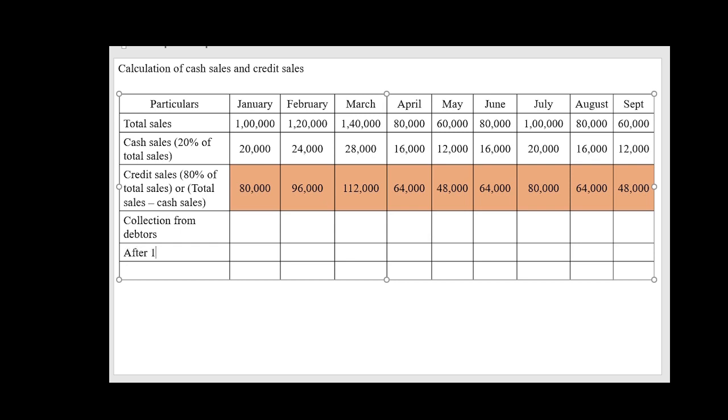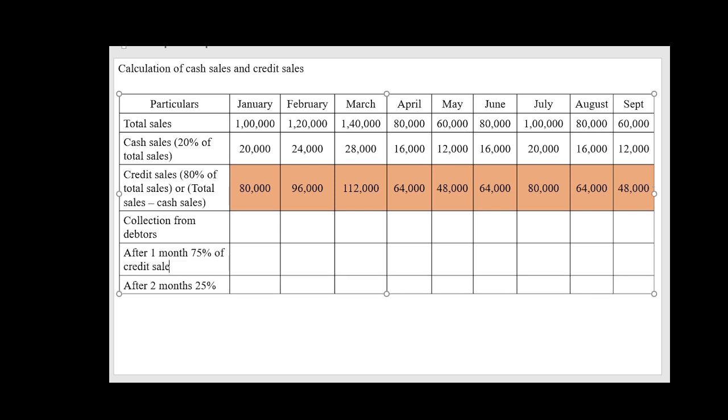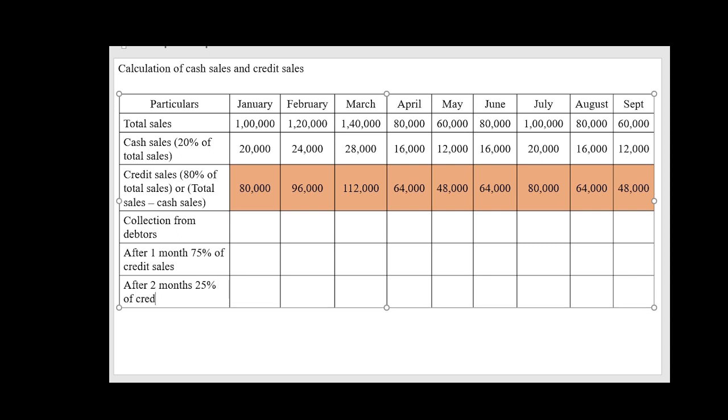After 1 month, we are going to receive 75% of the money, and after 2 months, we are going to receive 25% of the credit sales. Remember this is 75% of credit sales, not total sales, because we are looking into collection from debtors, and this is 25% of the credit sales. So these are the figures that we need to look into.